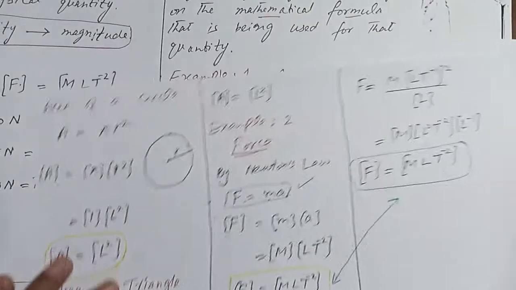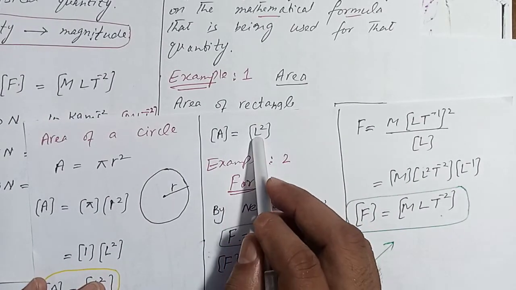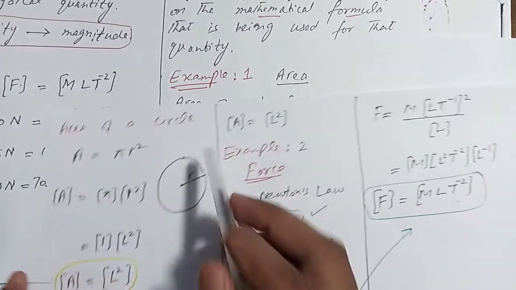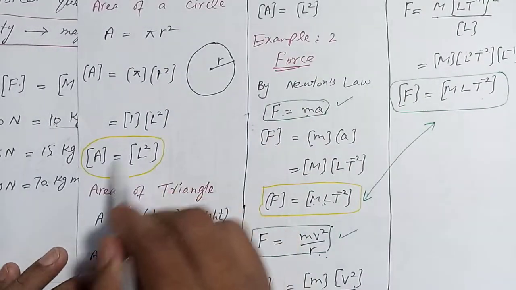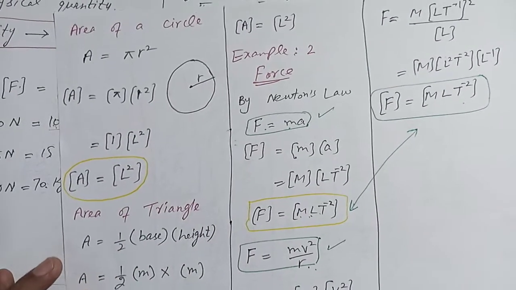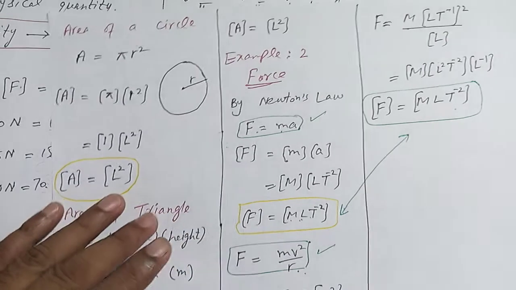So the dimensional formula for the area of a triangle comes out L square. We used different formulas to calculate the area, but the dimensional formula of area is the same. Or we can say that area can have different mathematical formulas, but the dimensional formula of area is the same.